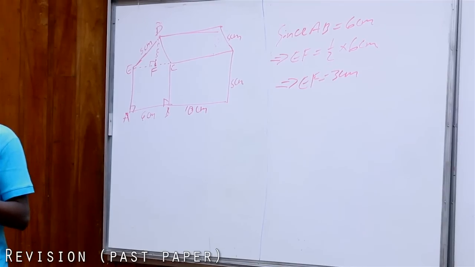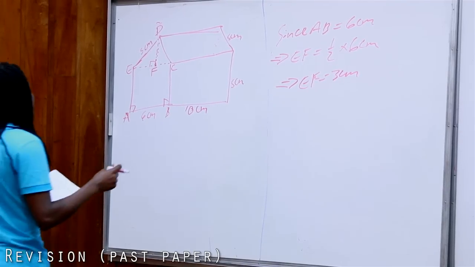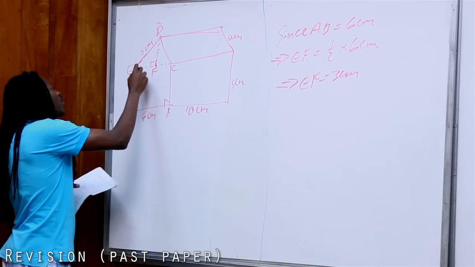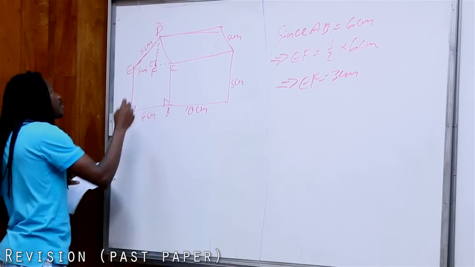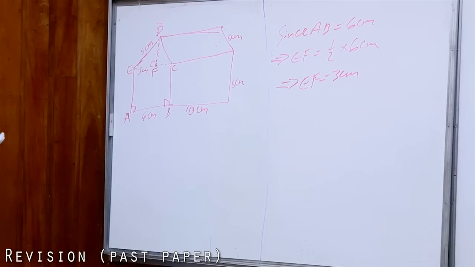Find DF. They want to find DF. Now EF equal 3 centimeter. The midpoint.